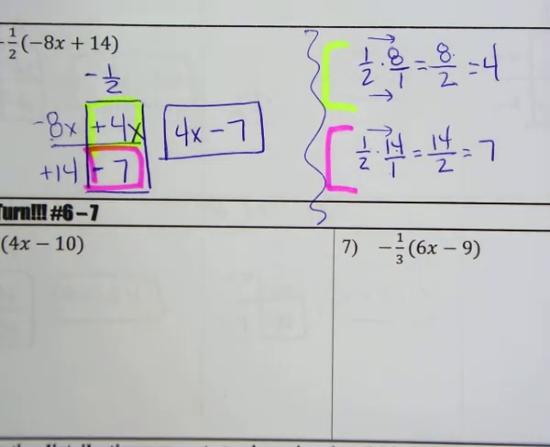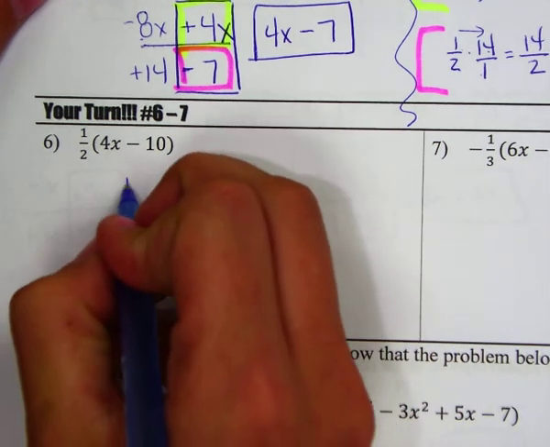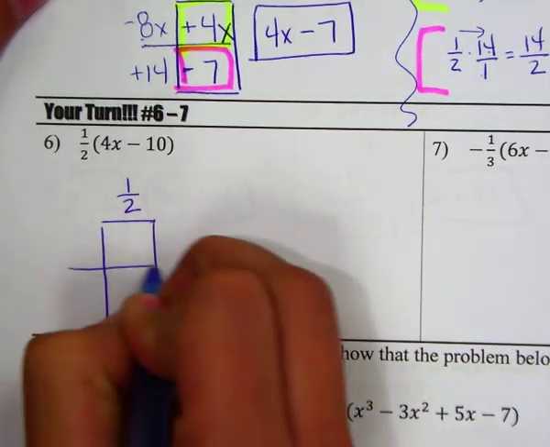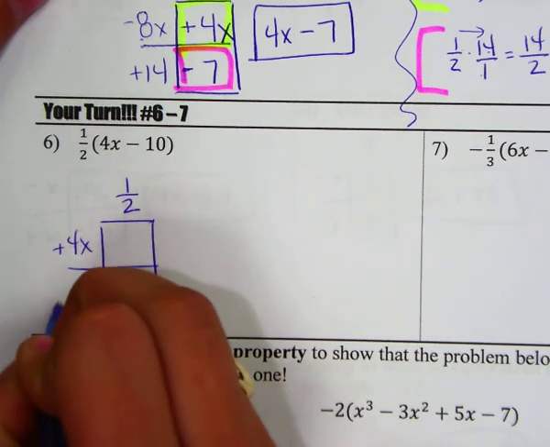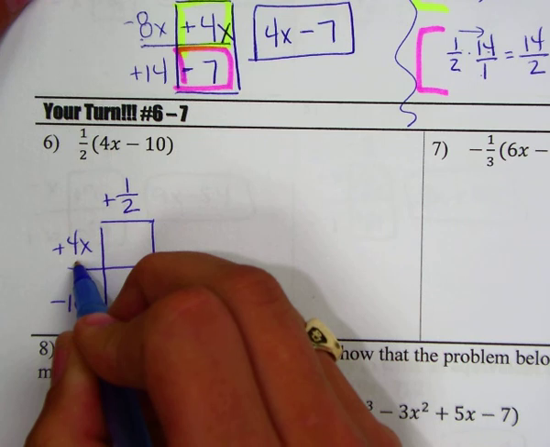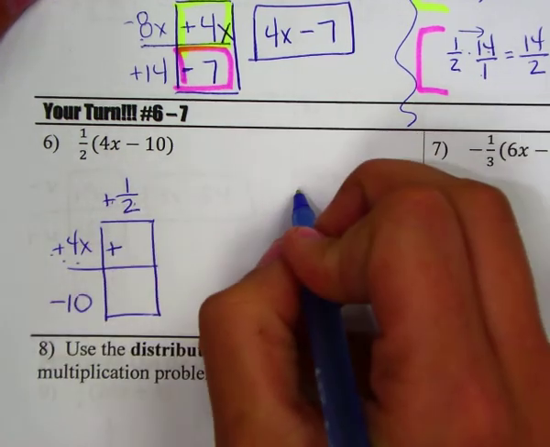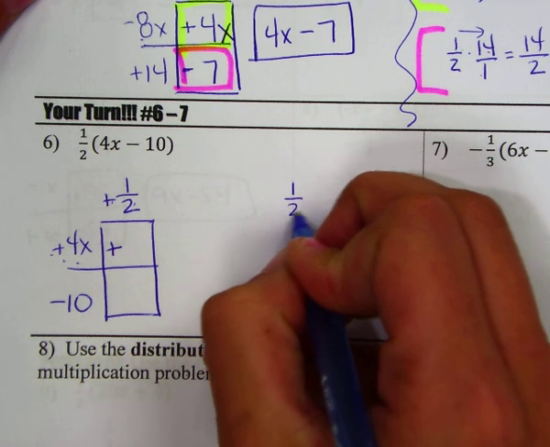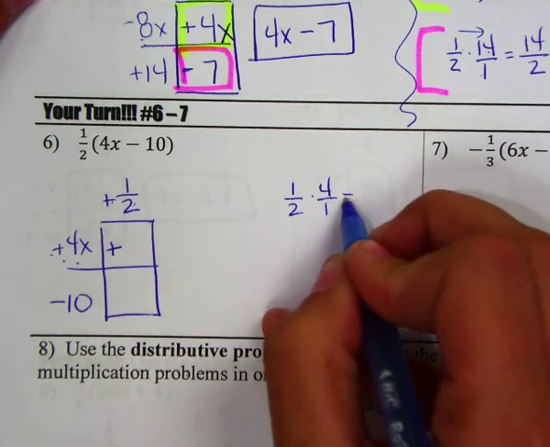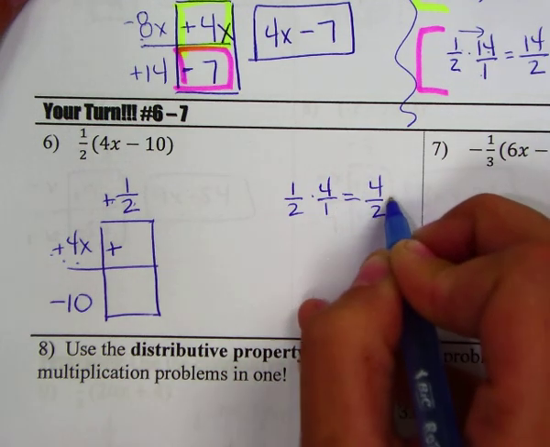Okay. Let's do these two really quickly. 1/2 goes on top. Positive 4x, negative 10. 1/2 times 4, well, positive times positive is a positive. 1/2 times 4, I'm going to come over here. I'm going to put 4 over 1, multiply straight across. 4 divided by 2 is 2.